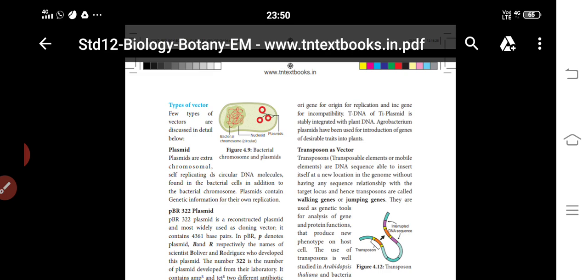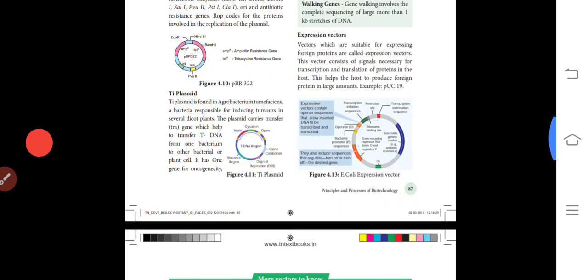Agrobacterium plasmids have been used to introduce genes of desirable traits into plants. First one, the Ti plasmid. Already I wrote that T-DNA. So the T-DNA of this Ti plasmid is stable, it is integrated into the plant DNA.